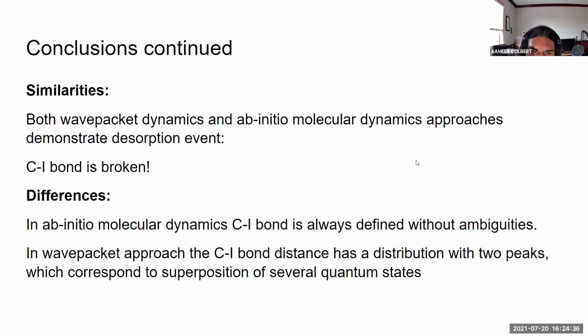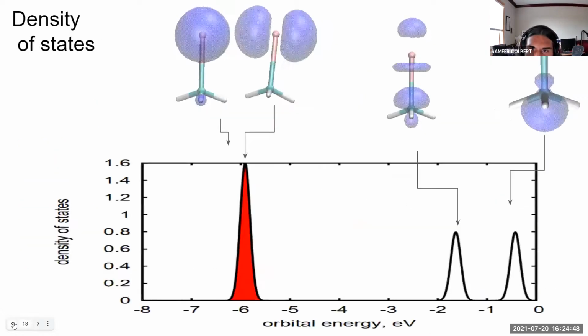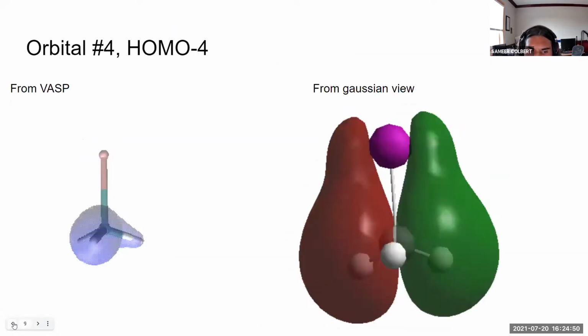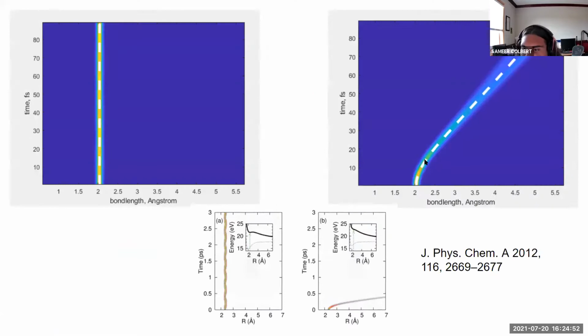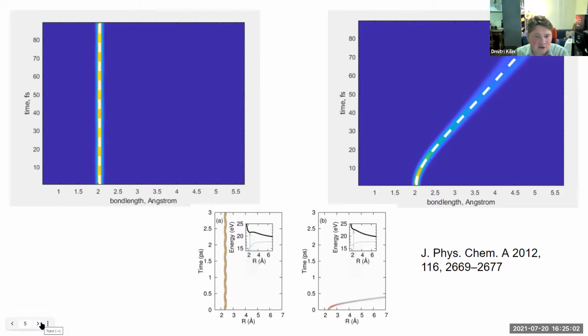Some differences present in the Ab-initio molecular dynamics: the CI bond is always defined, but if we go back to the wave packet dynamics, there are two possibilities, as we can see here. When we did it, we defined a point. Can you go one slide back and maybe explain more about the two possibilities?